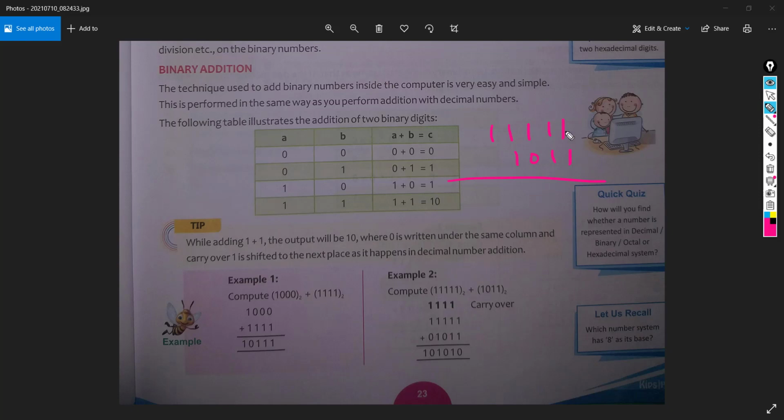So 1 plus 1 is 10. Then that carry will be written in the next column. Then 1 plus 1 is 10, isn't it?